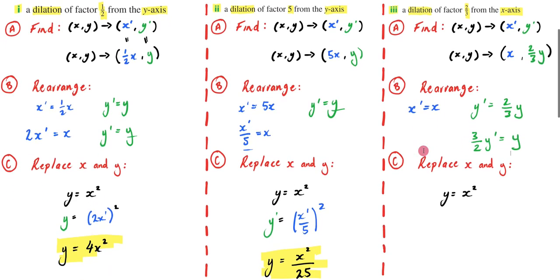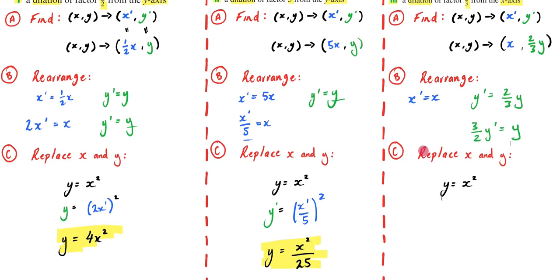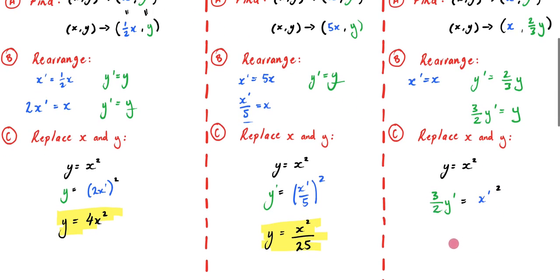I then come down to my last step, which is replacing my x and y. So here, my y is going to be 3/2 y dash, and my x is simply going to be x dash, squared. So now we come to writing what it's finally going to be.